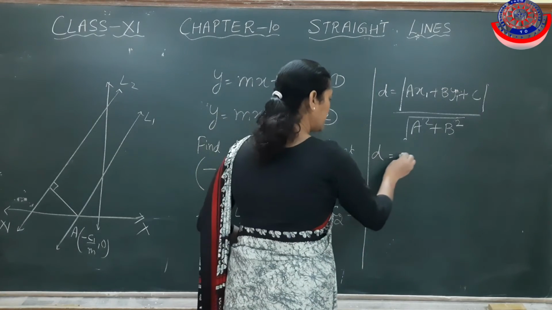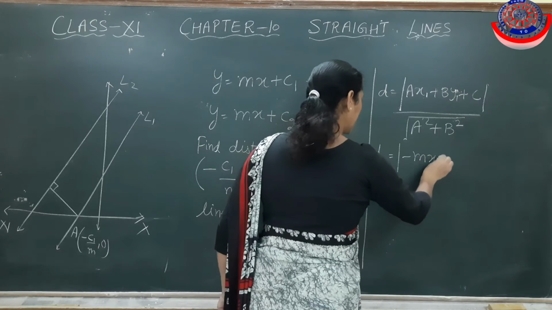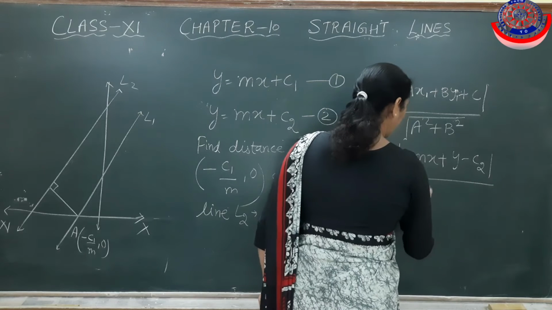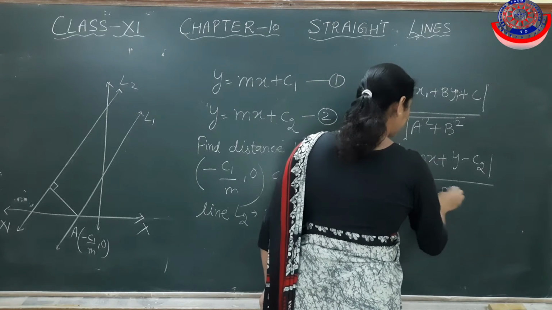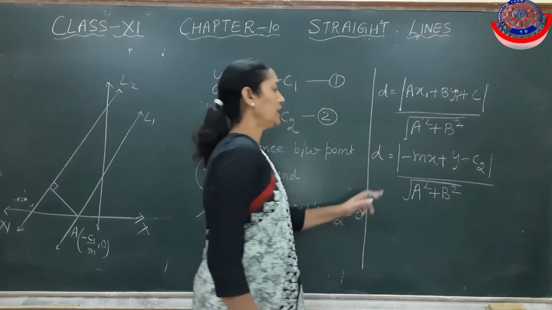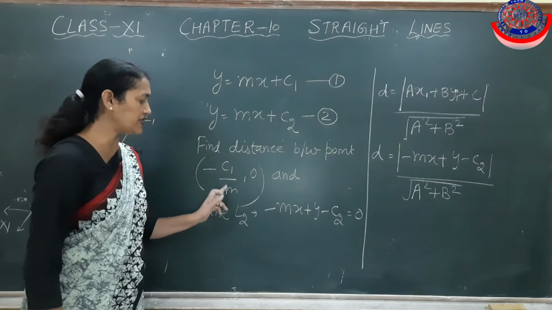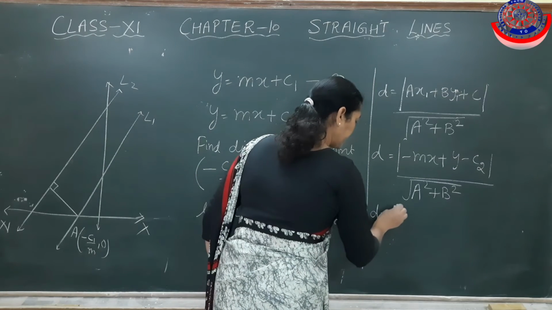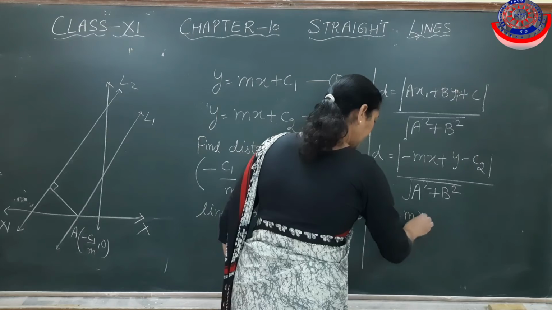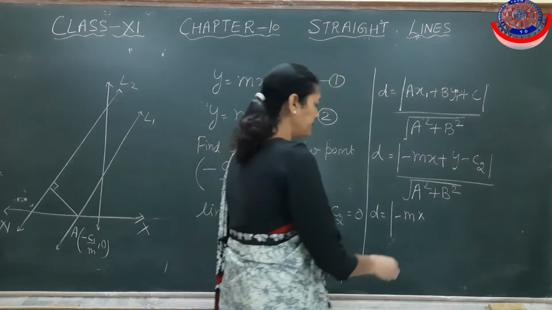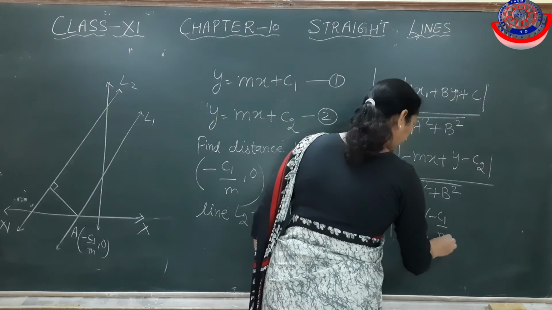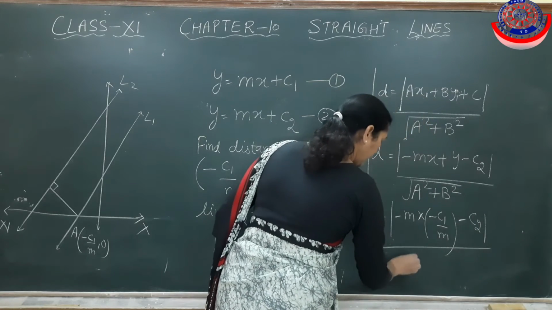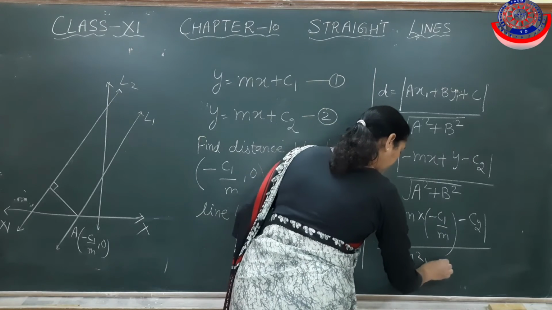So we will be writing d as minus mx plus y minus c2 upon under root a square plus b square. Now in place of x, we will be writing minus c1 upon m. In place of y, we will be writing 0. So our distance will become minus m into minus c1 upon m, y will become 0, and minus c2, upon under root a square plus b square.